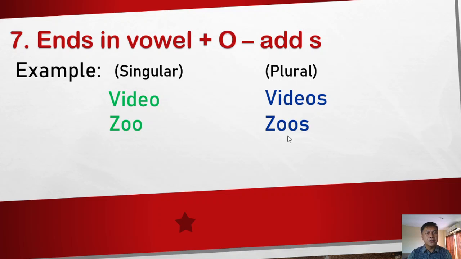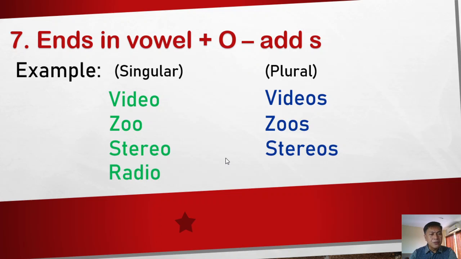You simply add S. Next example is stereo. The word ends with E and O. E is a vowel plus O, so the plural form becomes stereos.